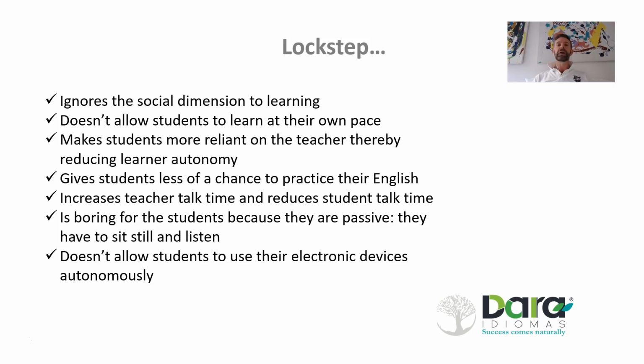We tend to learn more effectively if we learn from our peers, we learn from each other rather than in a vacuum. So interacting with others is a very good way of learning things, and pair work allows that interaction.